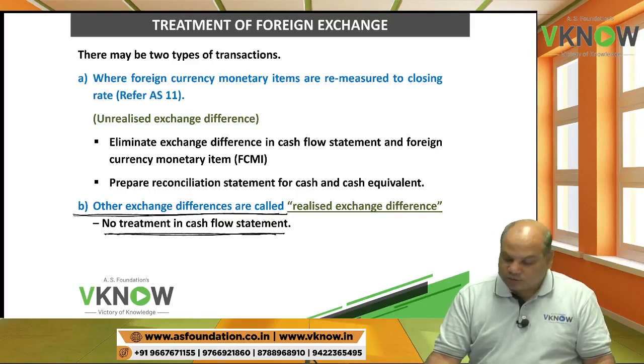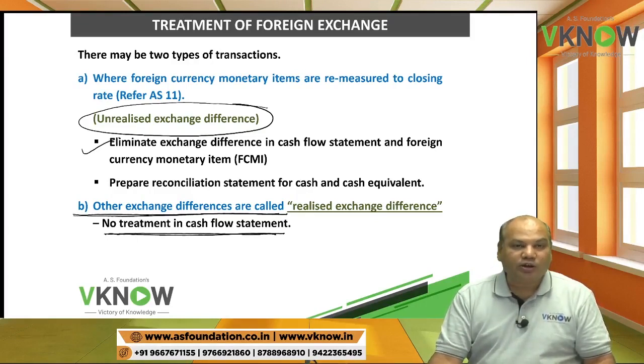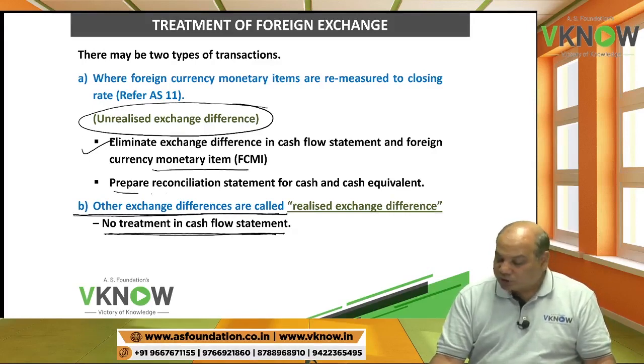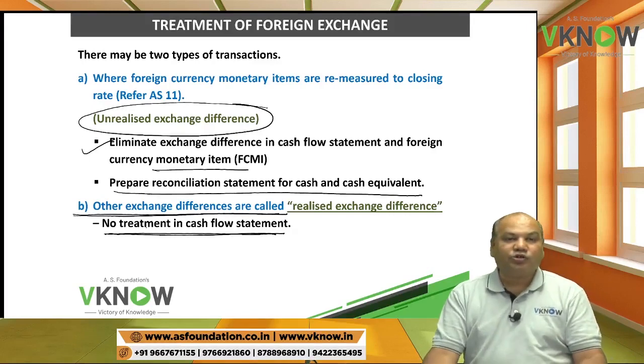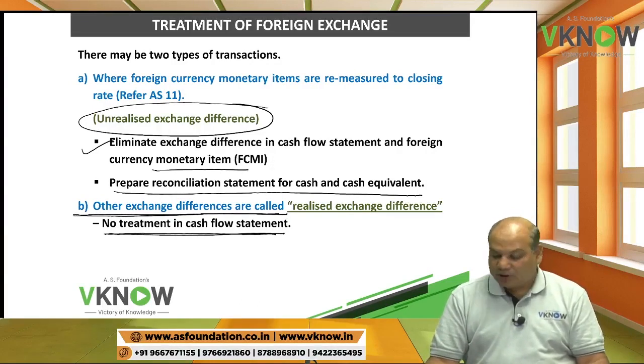So in short, if it is an unrealized exchange difference, you will eliminate it in the cash flow statement with a contra effect in the respective FCMI, and if it is a cash and cash equivalent item, a reconciliation statement will be prepared.